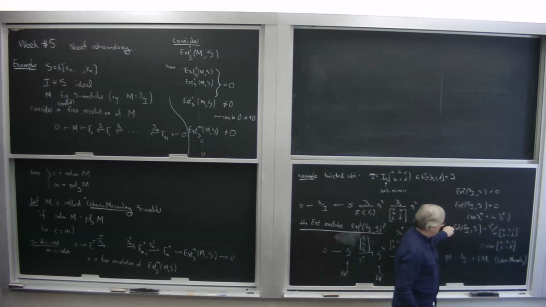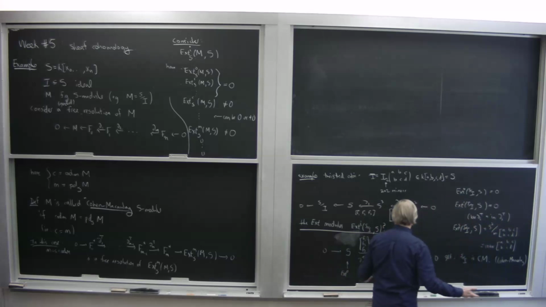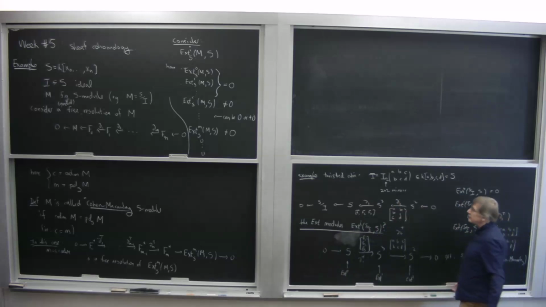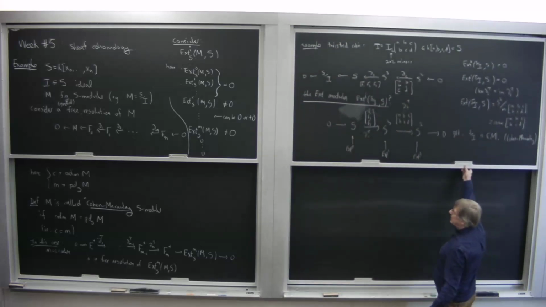And this is the canonical module, this thing here. And its free resolution is what? Its free resolution, let's just write it down to make sure we have it all.